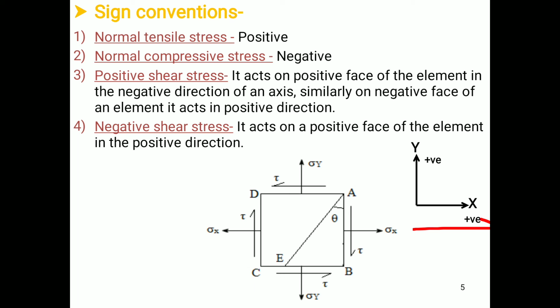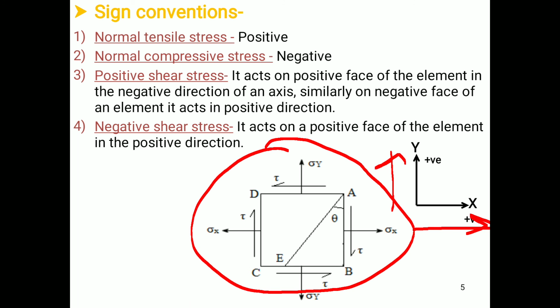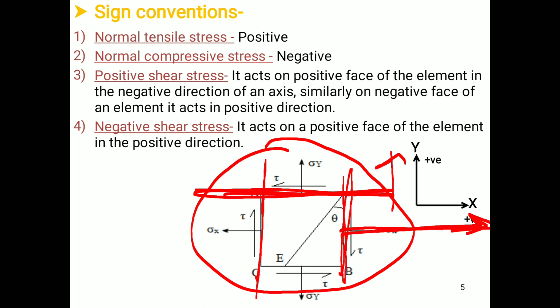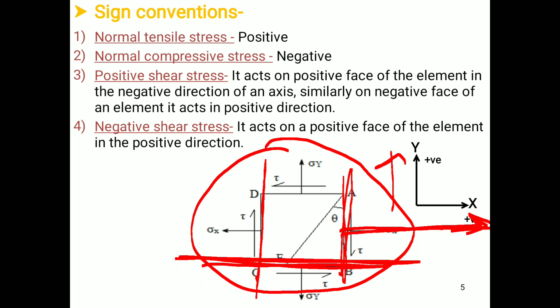In this figure, the AB face is positive because it is along the positive x direction. The face CD will be the negative face. The face AD will be the positive face, and the opposite face will be the negative face.